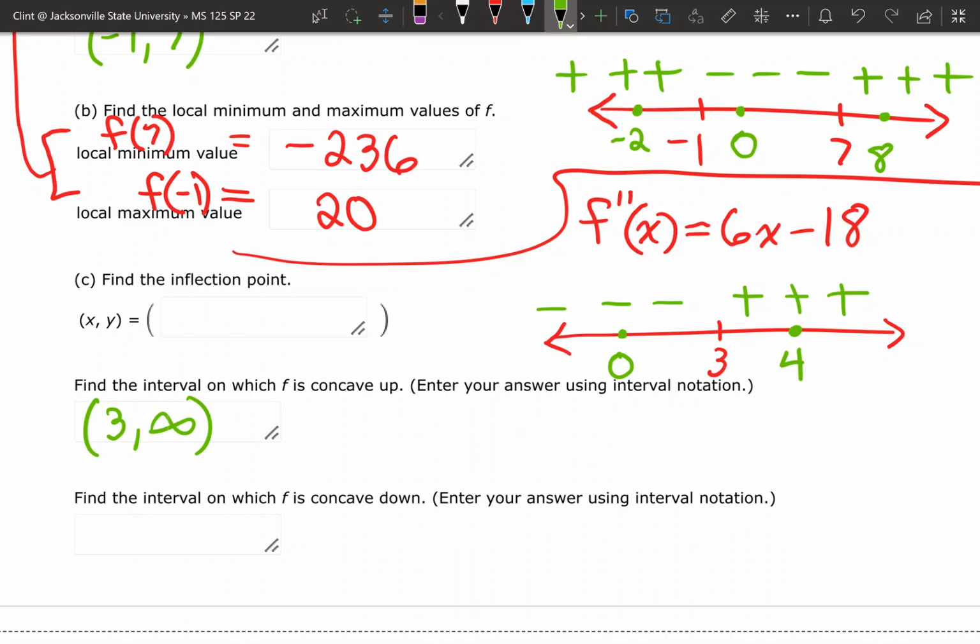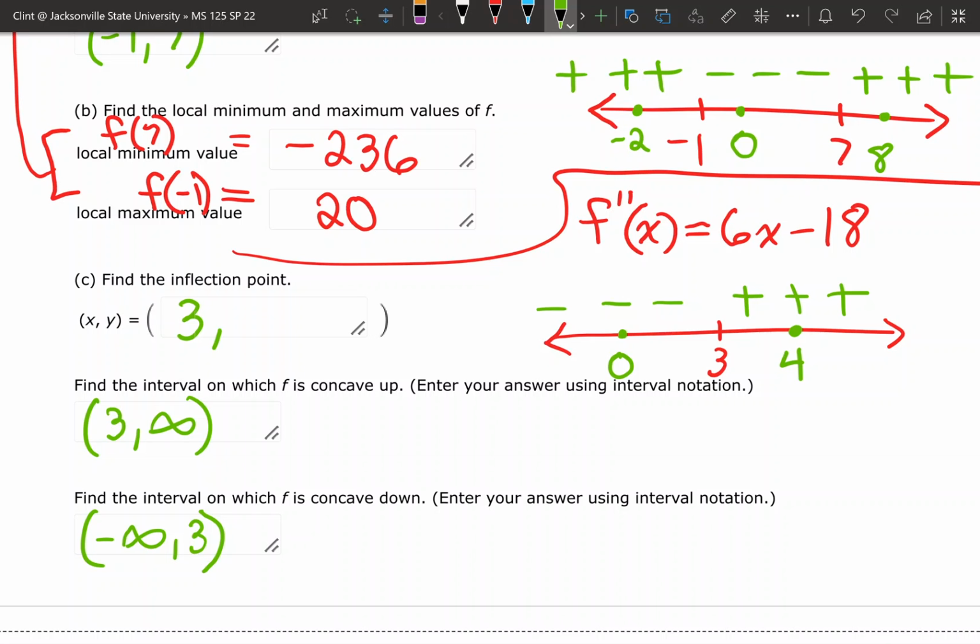Concave down, negative infinity to 3. And the x coordinate of our inflection point is 3, because it changes from negative to positive at 3. So any sign change, negative to positive or positive to negative, means the number where that changes is the x coordinate of our inflection point.